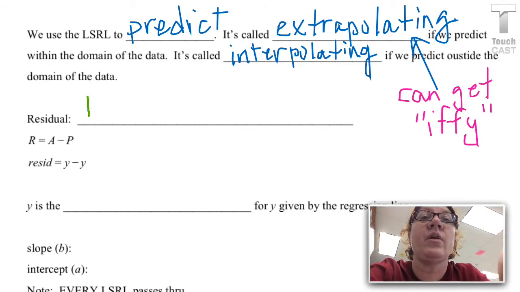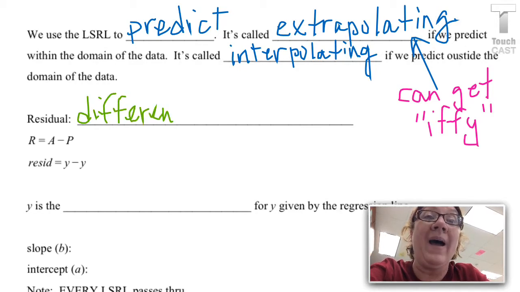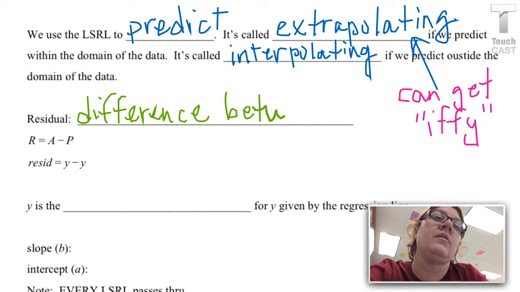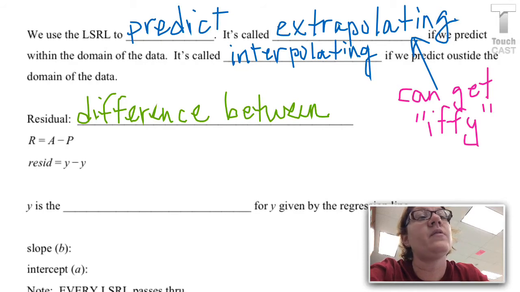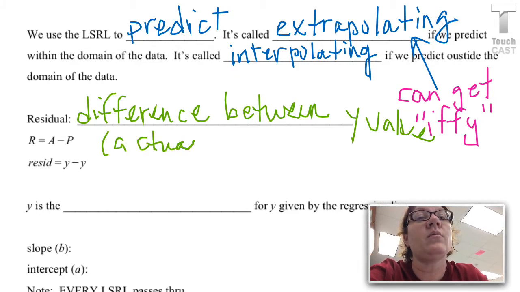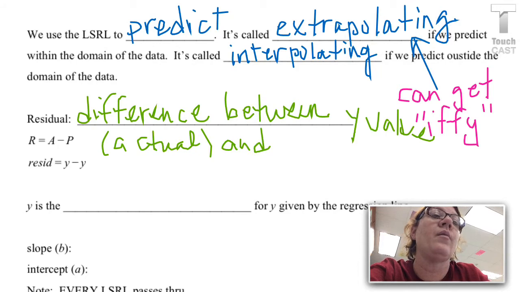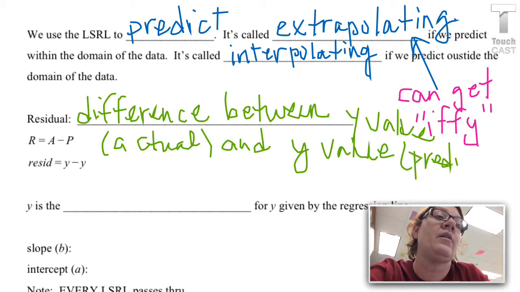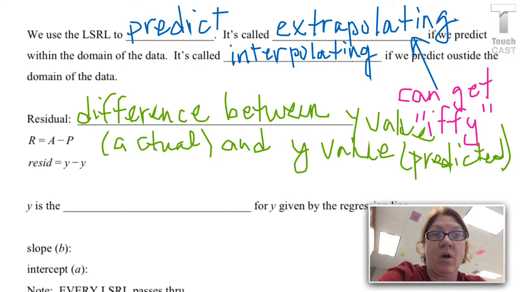And those residuals are the difference between the Y value of the actual dot and the predicted Y value. Now, keep in mind the predicted Y value is the one that's on the line, because that least squares regression line is my prediction model.